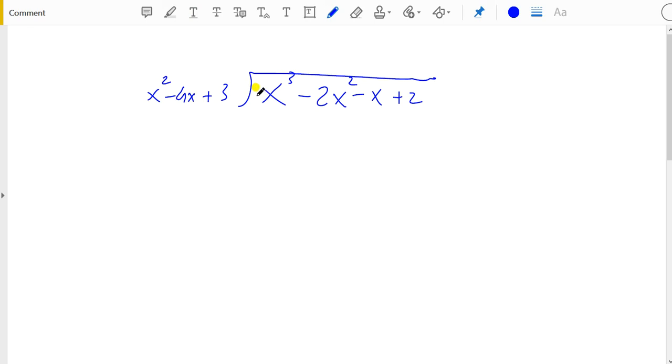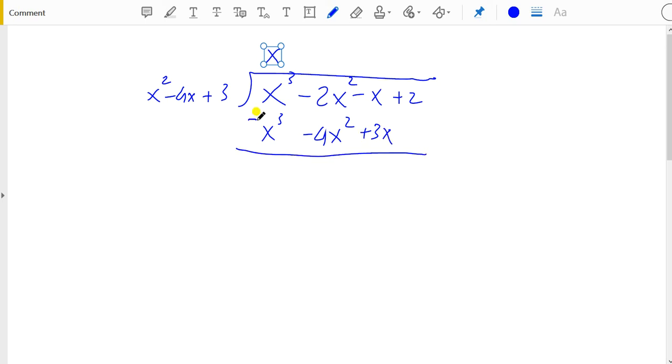So in order to do the long division, we take x cubed. The first thing is we know that this is written in descending powers, 3, 2, 1, and 0. Also 2, 1, and 0. So we take x cubed divided by x squared, that gives me x, and multiply x by x squared minus 4x plus 3: that's x cubed minus 4x squared plus 3x.